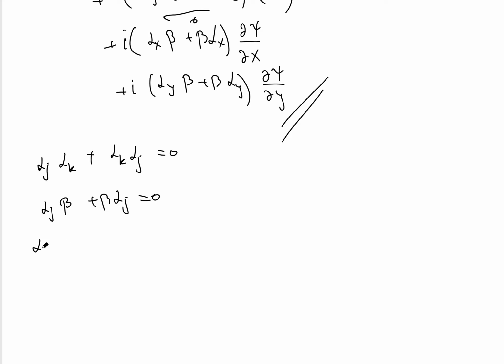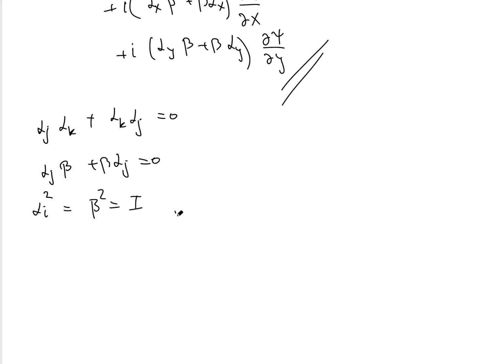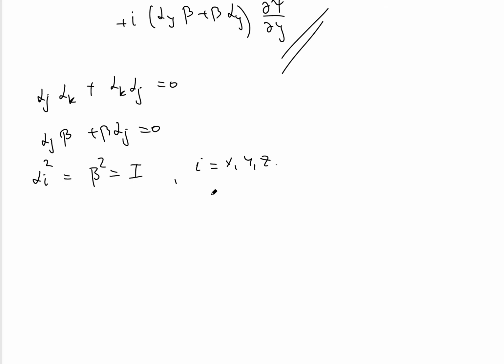And also alpha i squared should be equal to beta squared, which should be equal to the identity, where i is x, y, and z. So these are commutation relations.